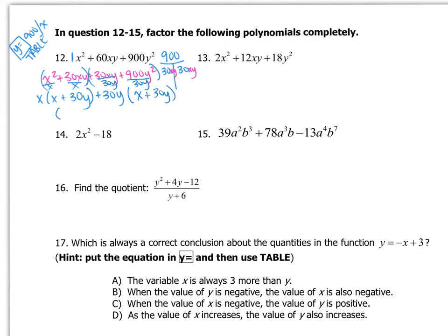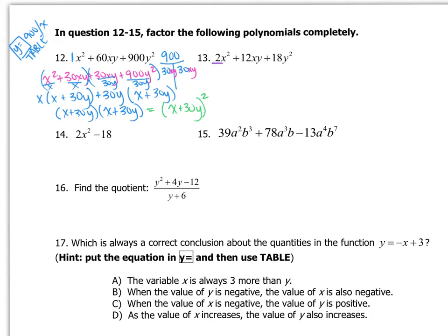So our factors would be x plus 30y times x plus 30y. You also need to know that that can be written, since it's timesing it times itself, you can also write it as x plus 30y squared. Either answer is acceptable.